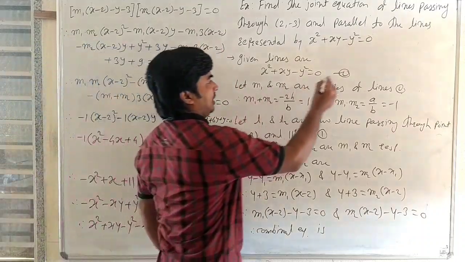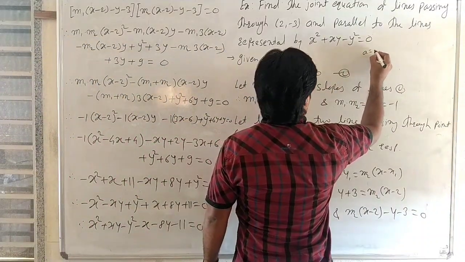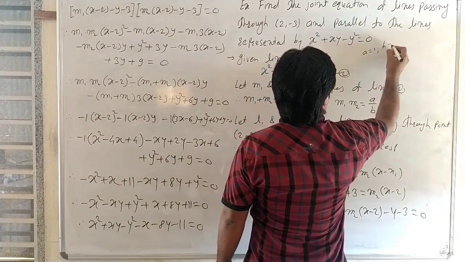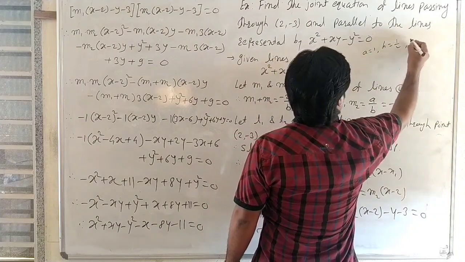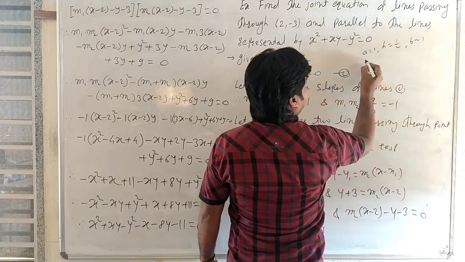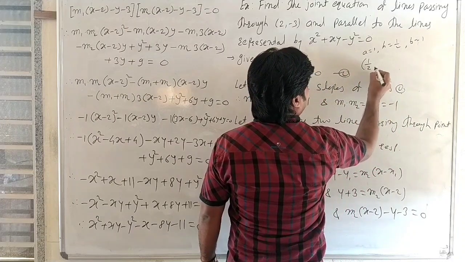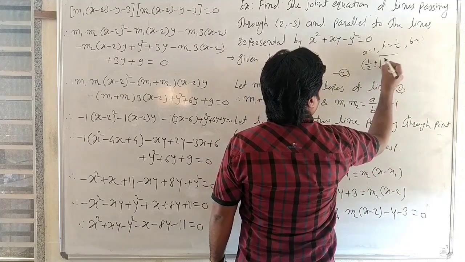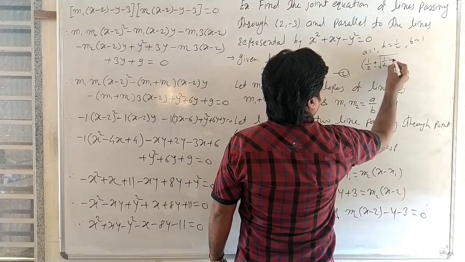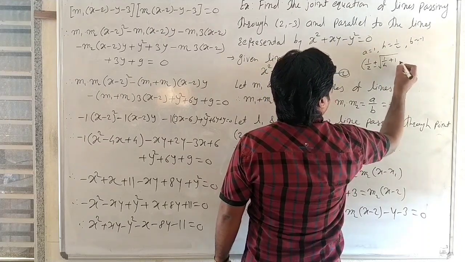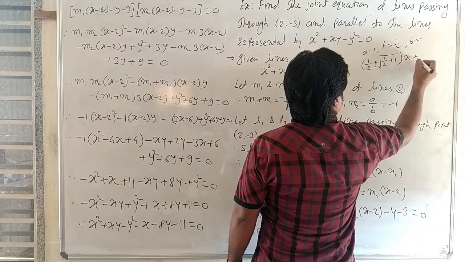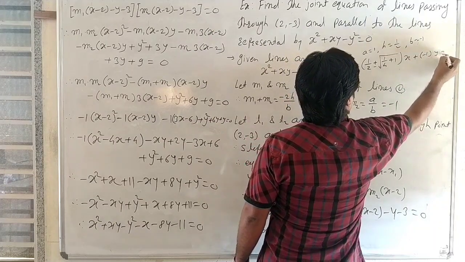Here a is equal to 1, h is equal to 1/2 and b is equal to minus 1. Then separate equations, it is (h plus or minus under root h square minus ab) into x and plus it is minus 1 y.